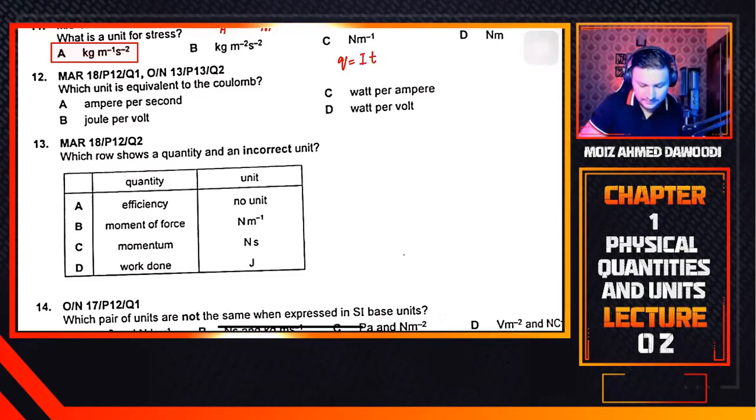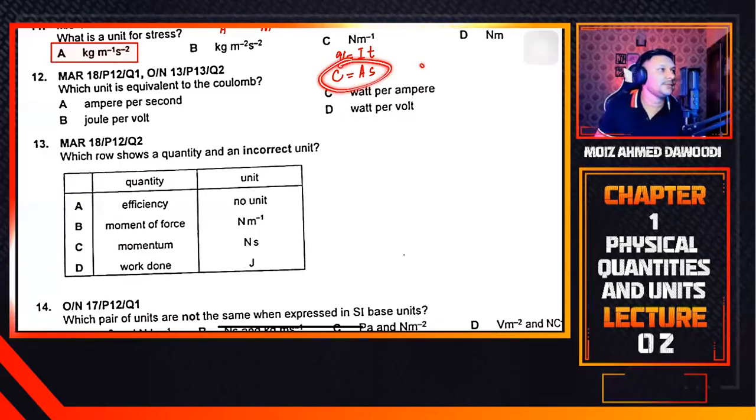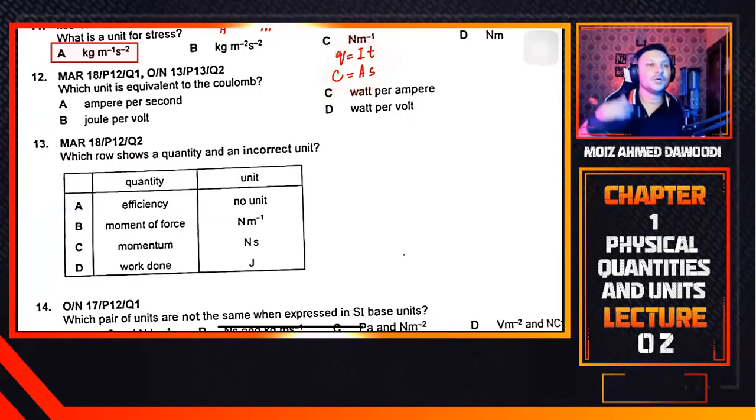In that way, Q has unit coulomb, current is ampere, time is second. So what I did, I broke down all the quantities in terms of units. The coulomb is ampere multiplied by second. So in that way we are not getting any answer. This means we need some other formula for charge.